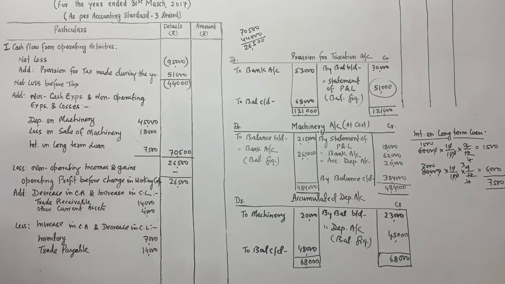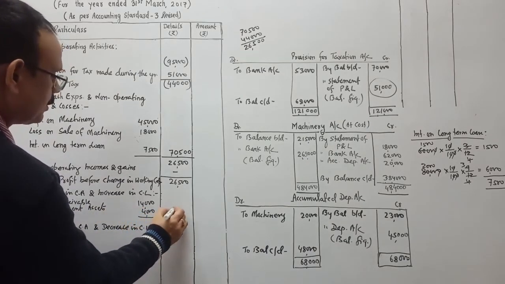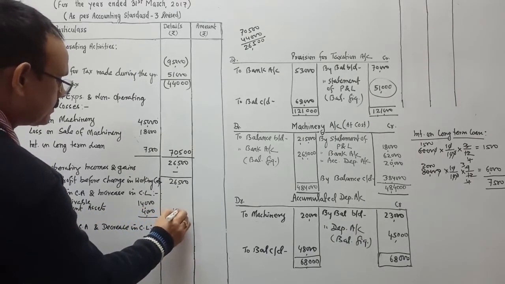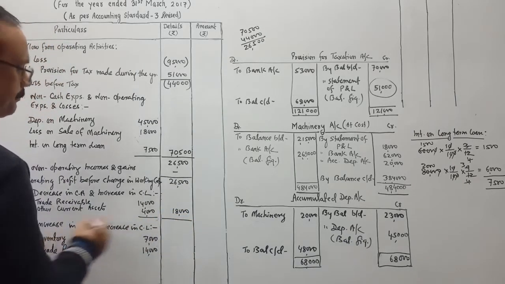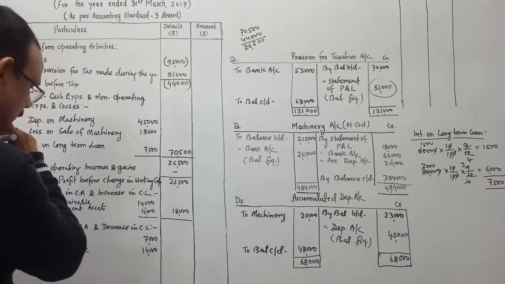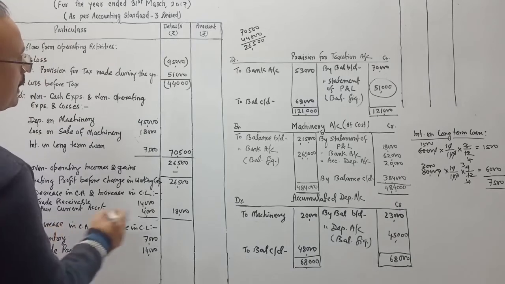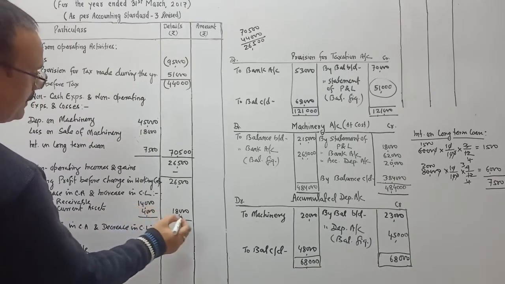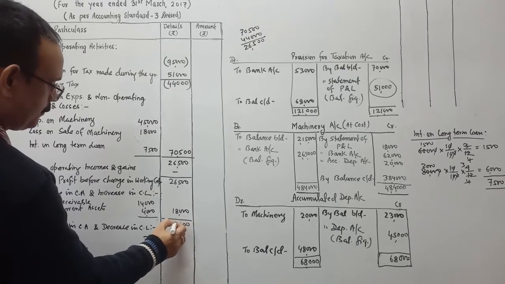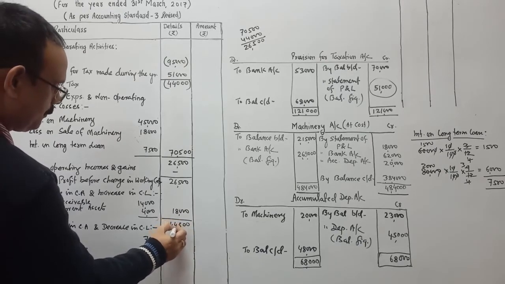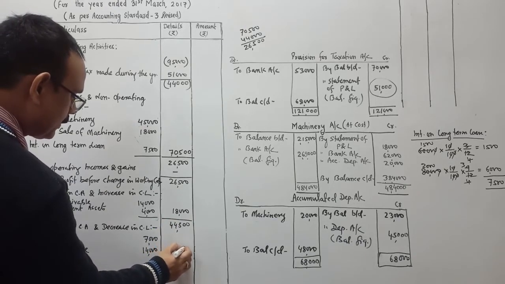So any other item? Now what you will do, you do the addition: 18,000 you add it. After addition the figure is 44,500, and thereafter we will deduct 21,000.